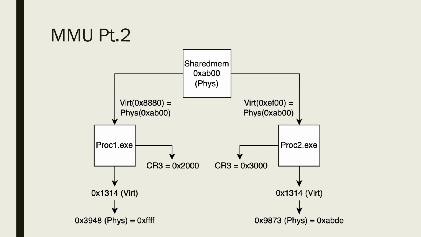That means whenever proc1 accesses 8880 and whenever proc2 accesses EF00, they're actually accessing the same underlying physical memory, which means there's a shared memory mapping between the two processes, and they can communicate with each other through this shared memory address that's mapped into both of them.